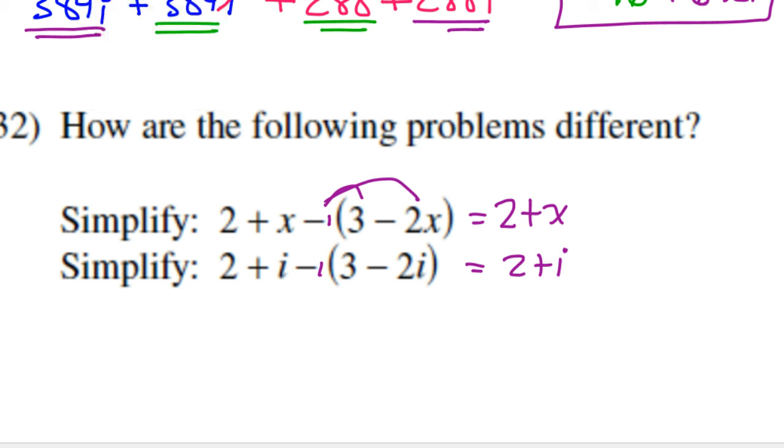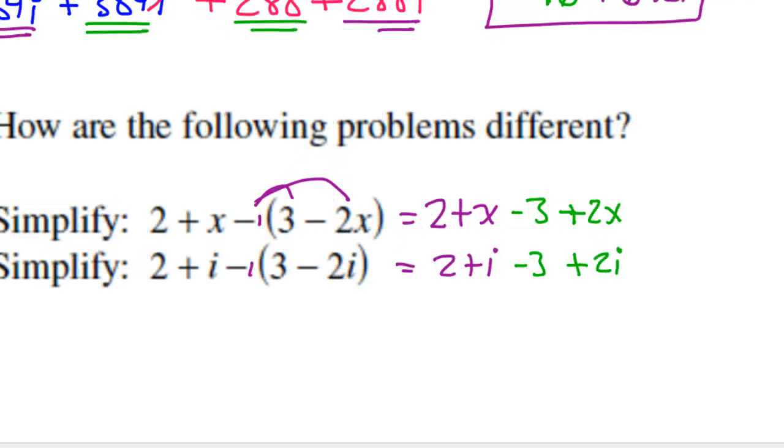Now, distributing that negative 1 is going to give me negative 3, and negative times negative is positive, so plus 2x. And here I'm going to have negative 3 plus 2i. So far everything is the same. As I combine these like terms, I think this is really the only thing that's going to be different.